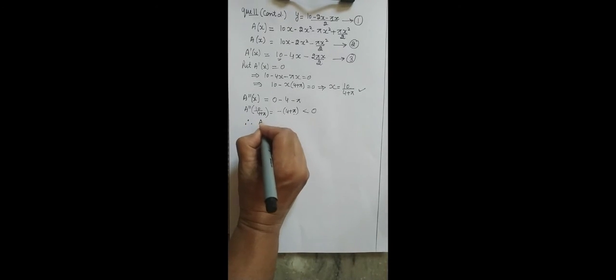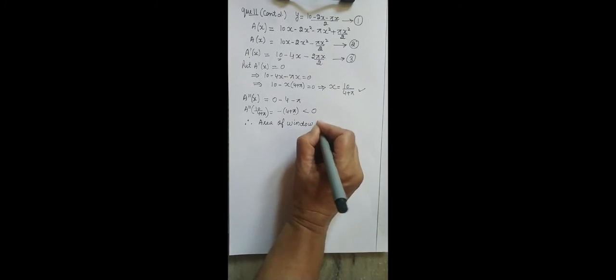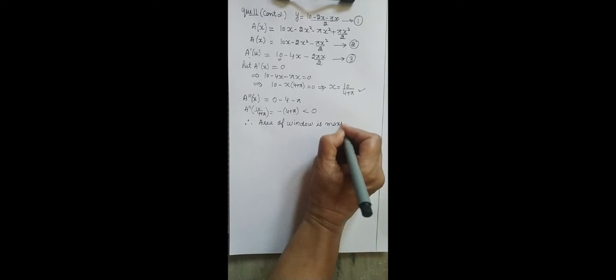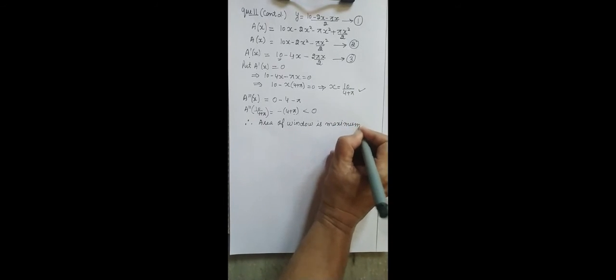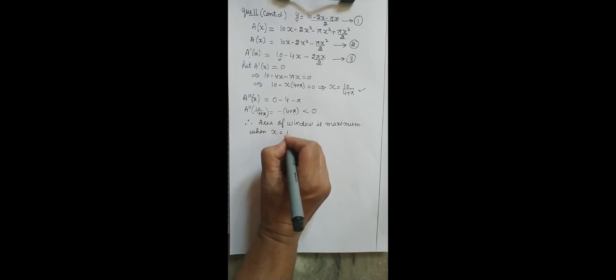So we are not going to put any value. It will remain as minus 4 minus pi, which is a negative quantity. So therefore area of window is maximum when x is equal to 10 upon 4 plus pi.